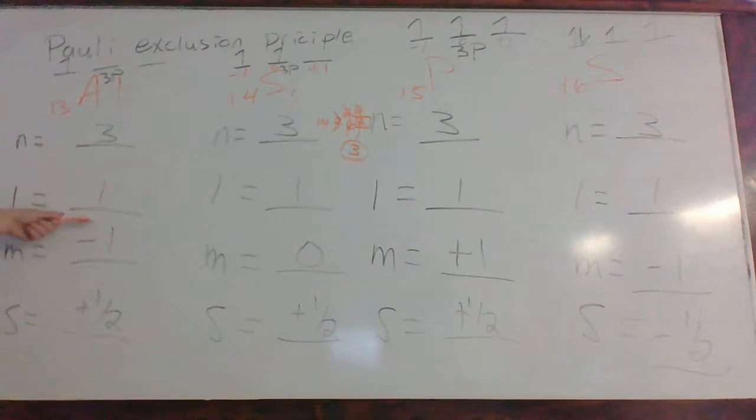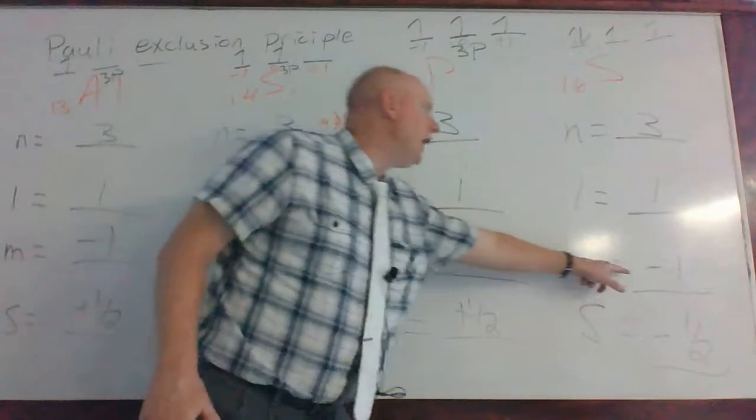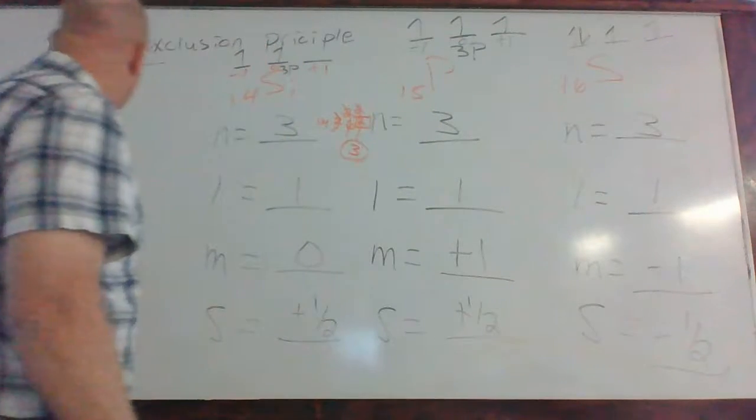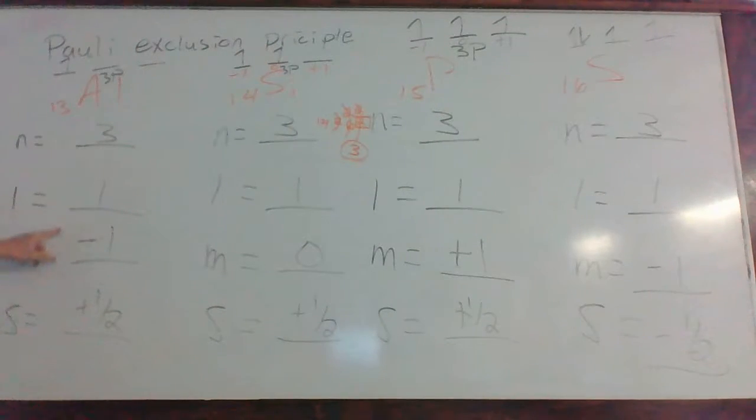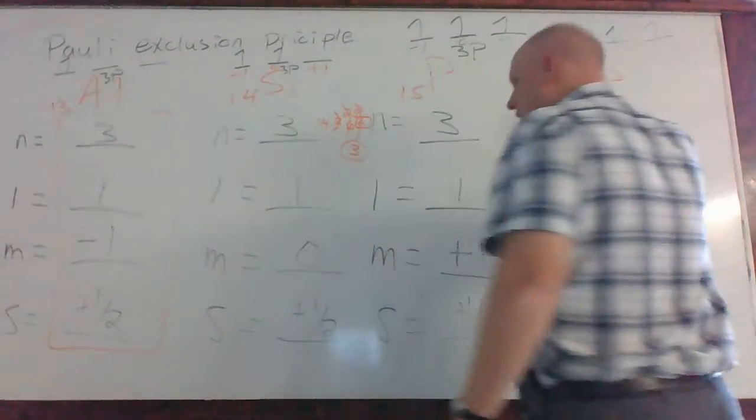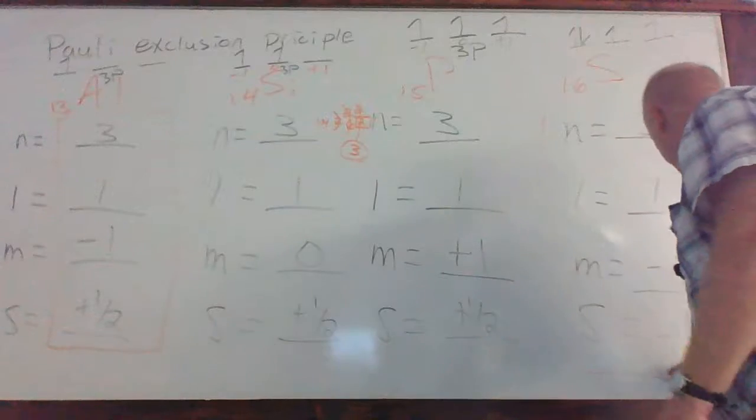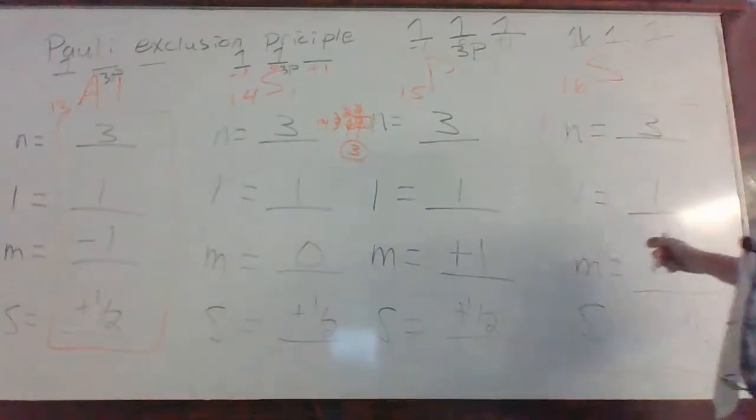So these numbers are all the same for each one of these. But then notice it starts to rotate. -1, 0, +1, -1 again. So each one of these is the exact same with what we see here, this one and this one, with the exception of what number is different.